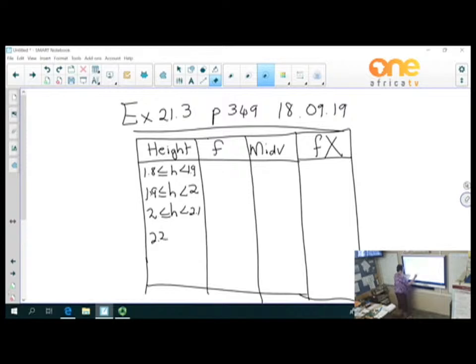Then 2.2 up to 2.4. So those are the columns that I have there. Now the frequencies: 2, 5, 10, 22, 7, and 4.